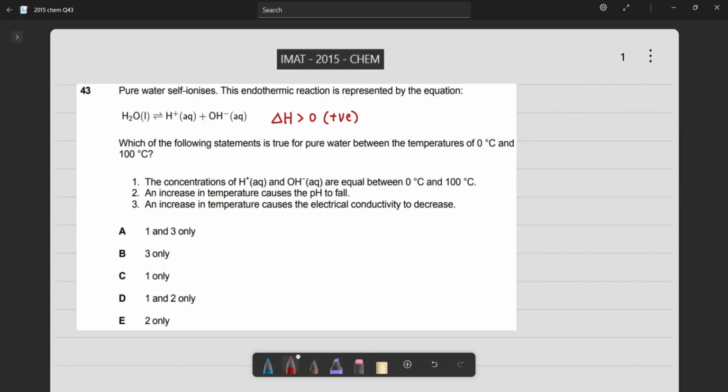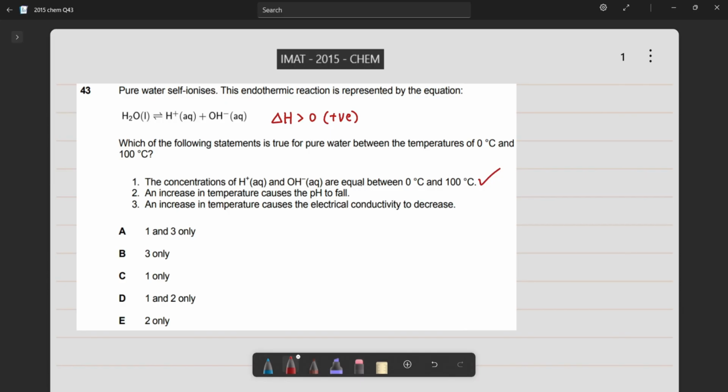So which of the following statements is true for pure water between temperatures of 0 degrees Celsius and 100 degrees Celsius? Now the first option we have is that the concentrations of H plus and OH minus are equal between these given temperatures. So yes, that's true because, as we said, it is pure water with no other added solutes, because this question is all about pure water self-ionization.